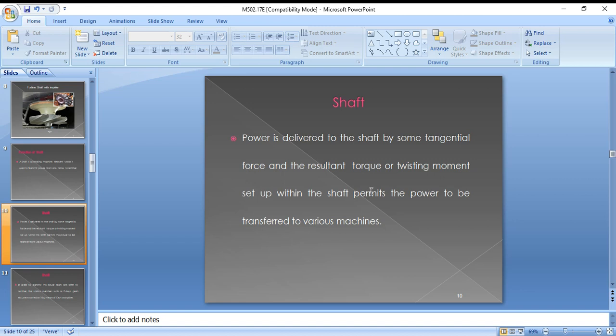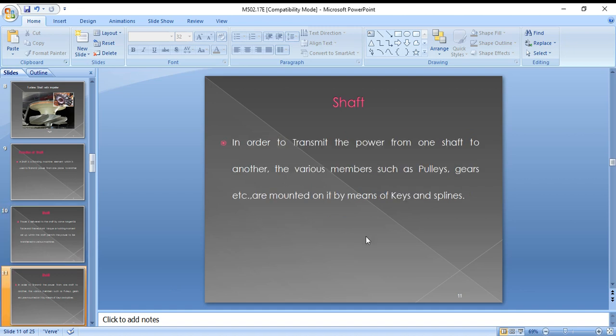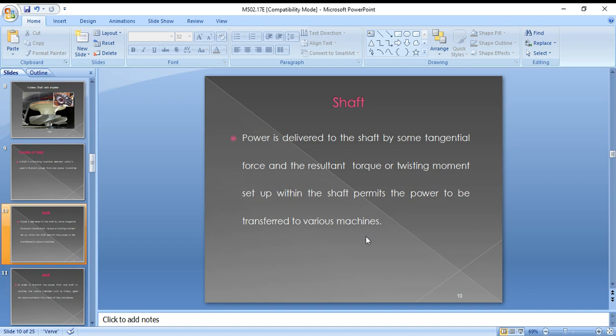This shaft permits the power to be transmitted to various machines or various other shafts also.